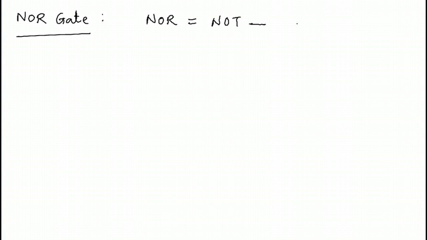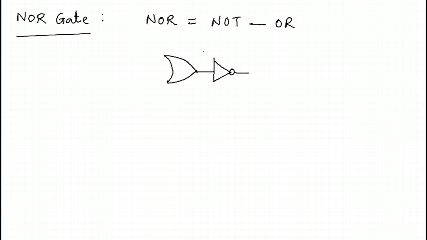The last gate that we are going to consider is a gate called the NOR gate. And the word NOR is actually a combination of the word NOT with OR. So NOT OR is NOR. And as the name suggests, the NOR gate is nothing but a standard OR gate which is followed by a NOT gate.